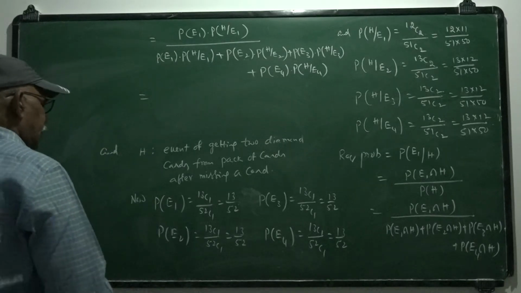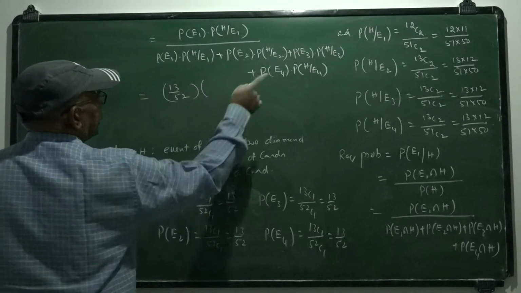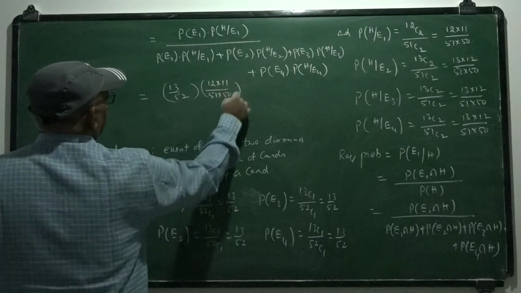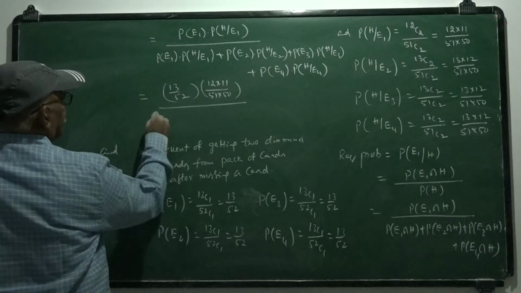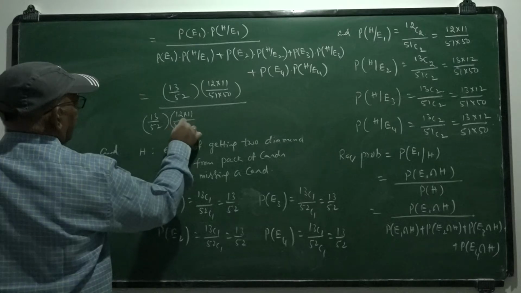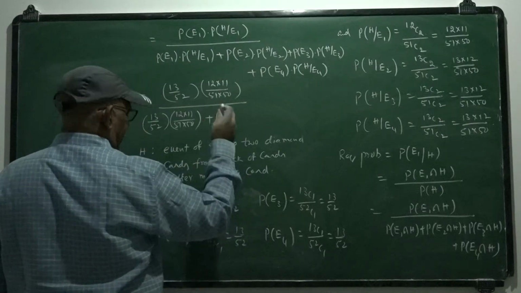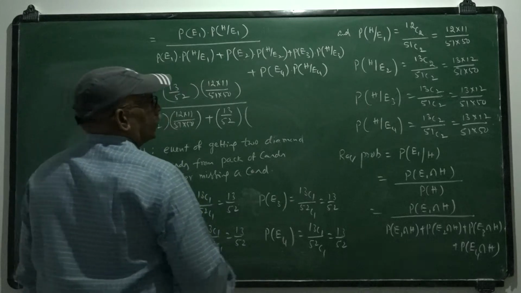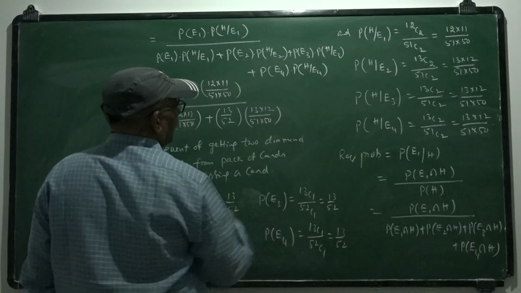So this is the Bayes theorem for 4 events. Probability of E1, that is 13 by 52, into probability of H on the occurrence of E1 is 12 into 11 by 51 into 50. Similarly, this is 13 by 52 into 12 into 11 by 51 into 50, plus 13 by 52 into 13 into 12 by 51 into 50.